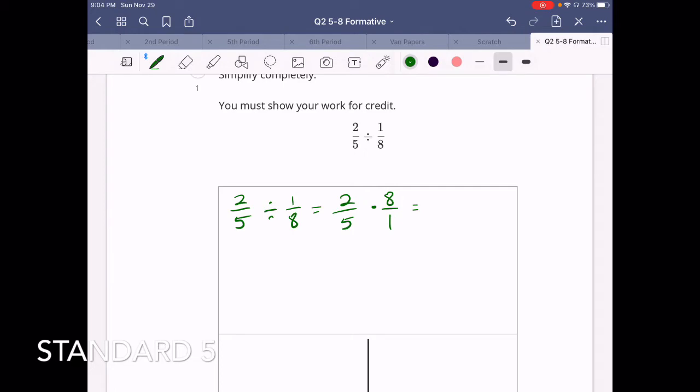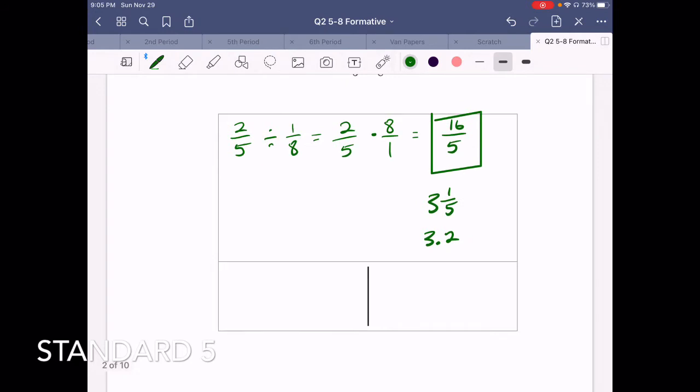So instead of dividing by 1/8, I'm multiplying by 8 over 1. Then just multiply across, I get 16/5. I am going to leave it just like that. Done. You could write it as 3 1/5 or 3.2. All of those work.